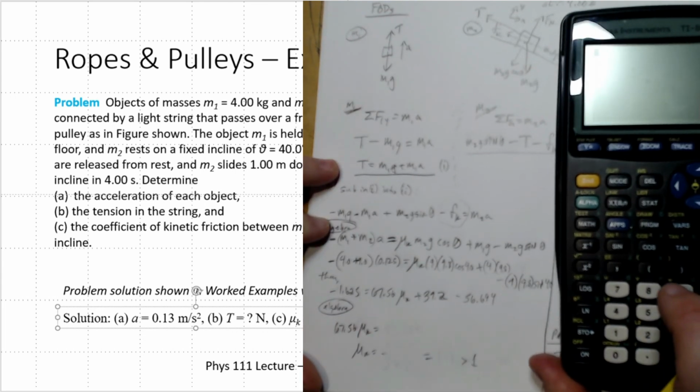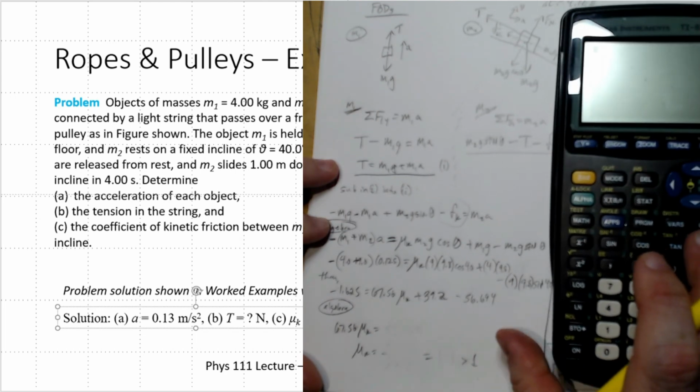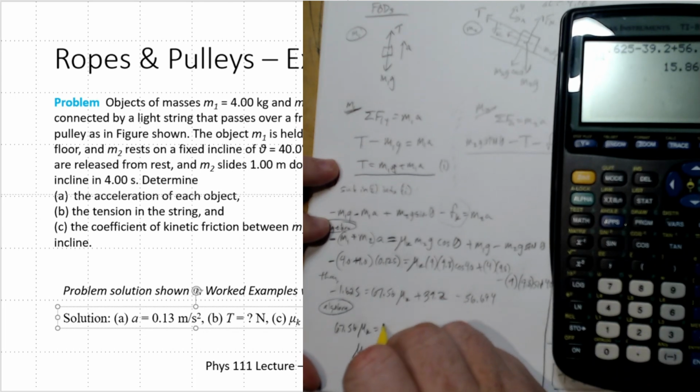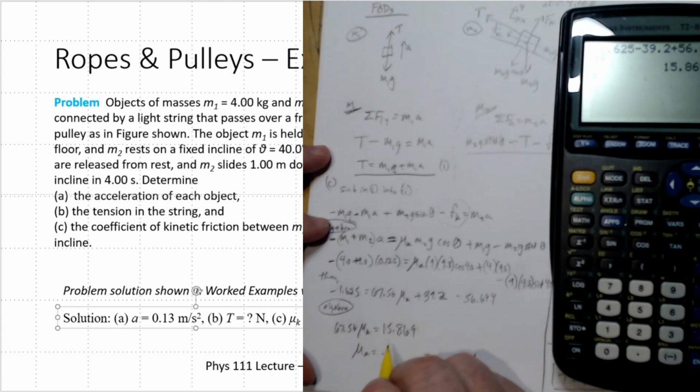But I believe I've caught all the errors. So now we got 39.2. Whoops, sorry. So we have negative 1.625 minus 39.2 plus 56.694, and we get 15.869.